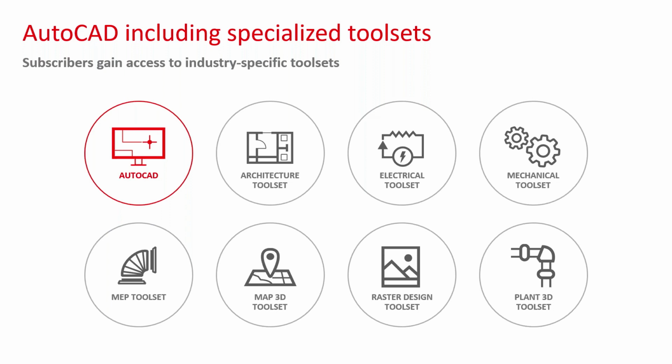So you can work within various industries. One of the ones that I often use is the electrical one. And it's a totally different workflow to regular AutoCAD, but it's a different workflow because it has to be, because you're working in an electrical environment rather than just a vanilla sort of 2D or 3D drafting environment in full AutoCAD.